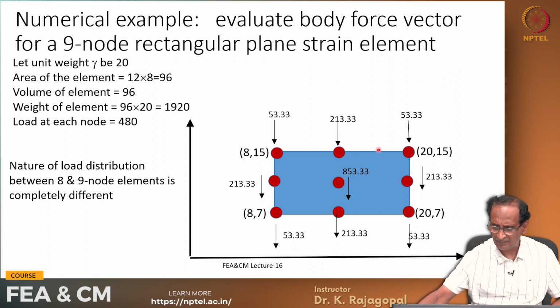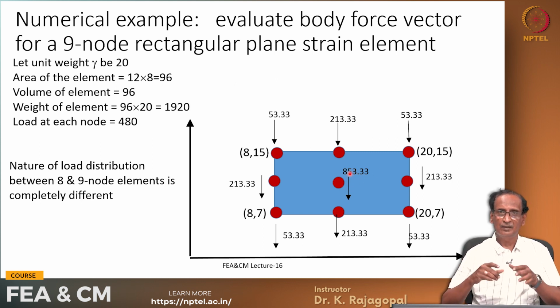You see the difference between the load at the corner nodes and the mid-side node: it is 213.33 by 53.33, that is 4 times, and then 4 times of this load is distributed to the center of the element, which compared to the corner points is 16 times.